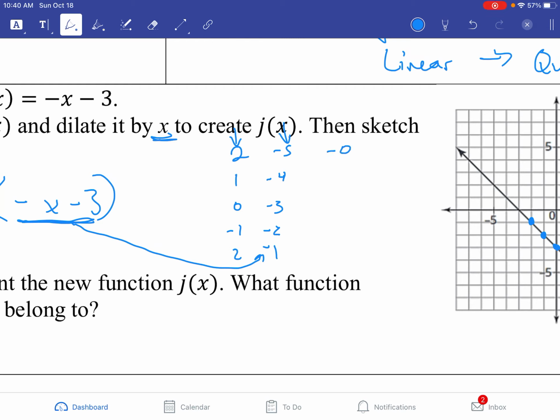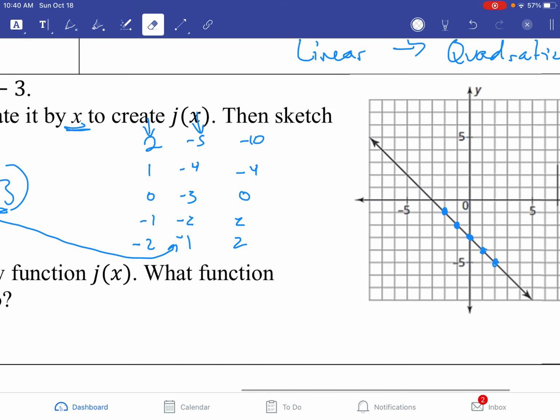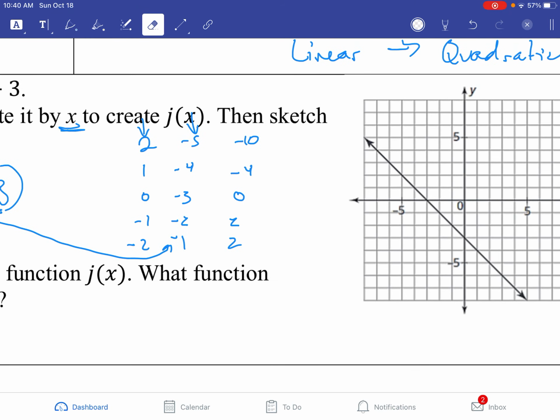So it's going to give us negative 10, negative 4, 0, 2. I forgot to put the negative on that. That's also 2. So if we were to graph these points, we have 2 comma negative 10. We have 1 comma negative 4.